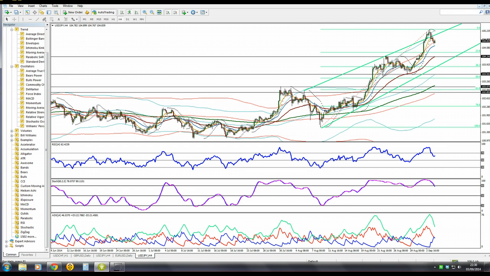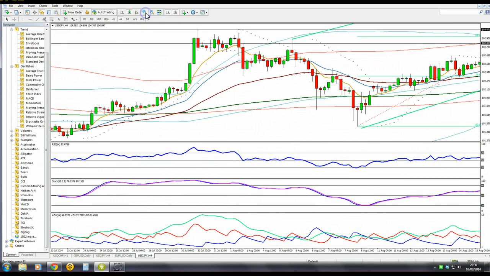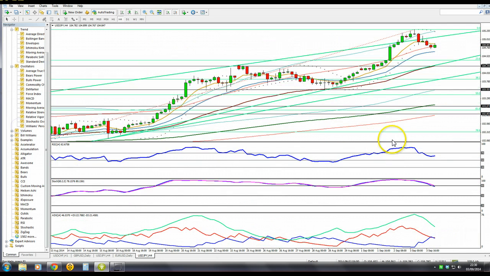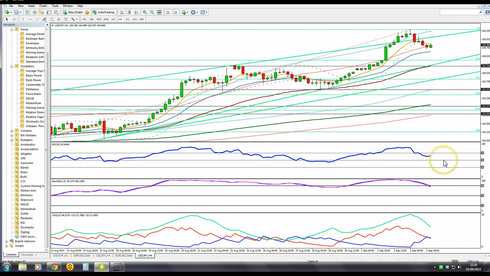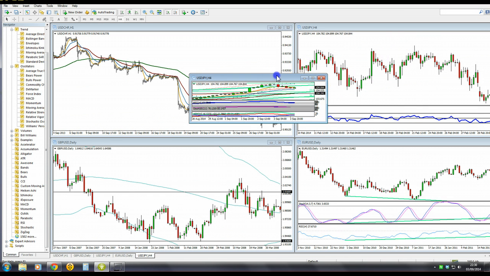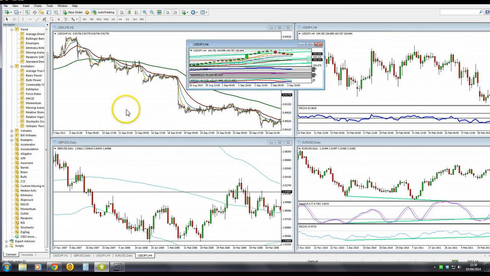Now, how messy does this chart look? Really messy. How are you supposed to know which way to trade when you've got all this stuff going on in the chart? Look at all these lines. Man, my head would be pickled if I was told to trade in this environment. The K.I.S.S strategy, keep it simple, stupid, is just utilising a few indicators on your chart at any time.